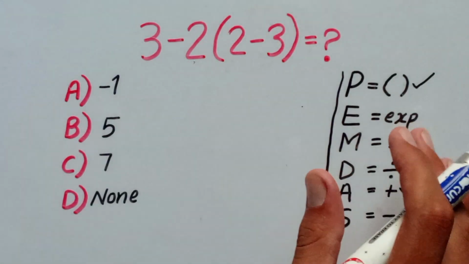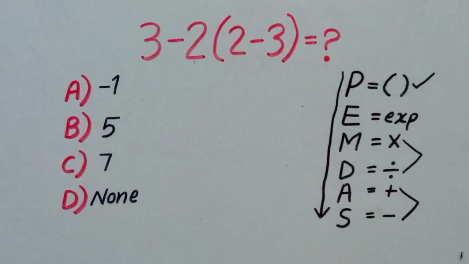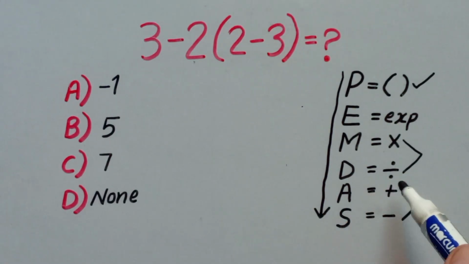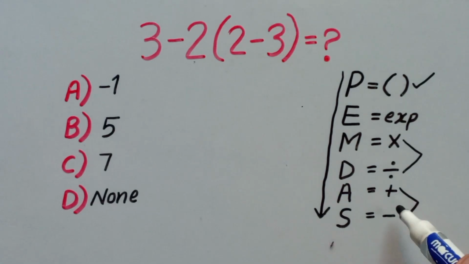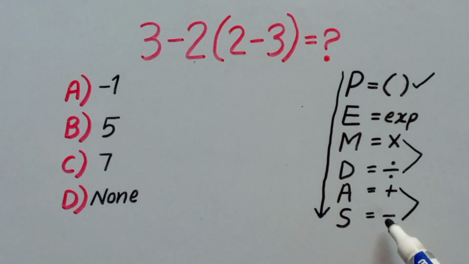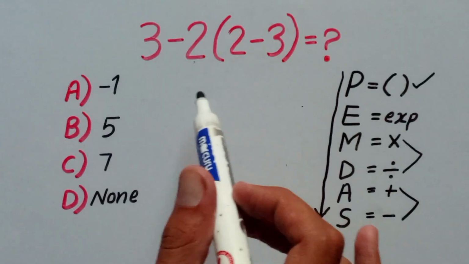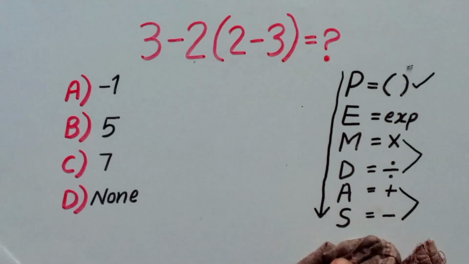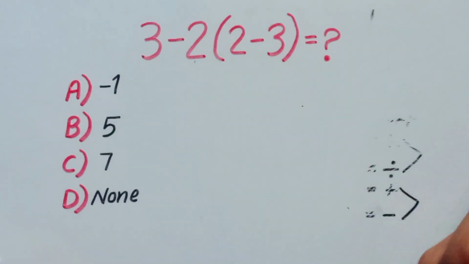But one thing you must remember is that multiplication and division have much higher priority than addition and subtraction. So guys, I will start this question. I will remove this rule.